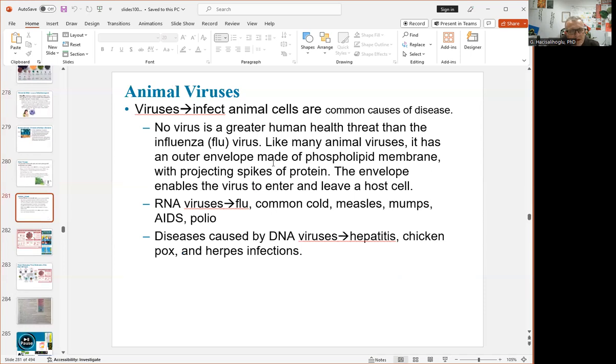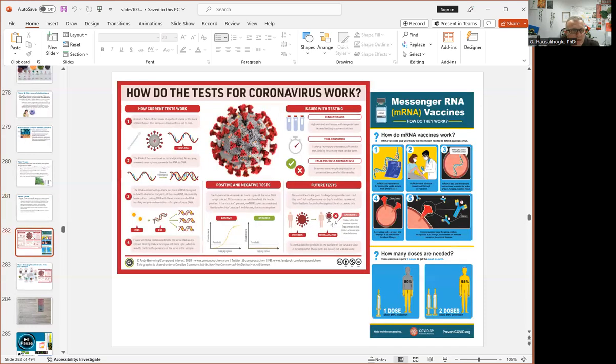And there are animal viruses, which infect animals and cause diseases. Of course, influenza, or flu, is the most well-known one. RNA viruses cause flu, common cold, measles, mumps, and polio. And then the DNA viruses may cause chickenpox, herpes, and stuff like that.